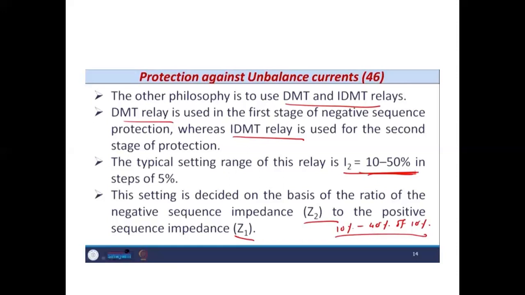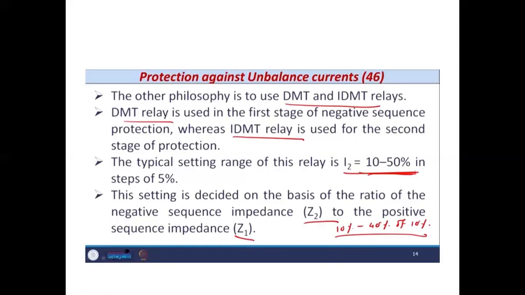Okay, sometimes if I use the negative phase sequence current, that is the 46 relay, then its setting is to be decided based on the ratio of negative sequence impedance Z2 to the positive sequence impedance Z1. So you take the ratio of Z2 by Z1, and whatever figure comes, then you decide the setting according to the setting range given.